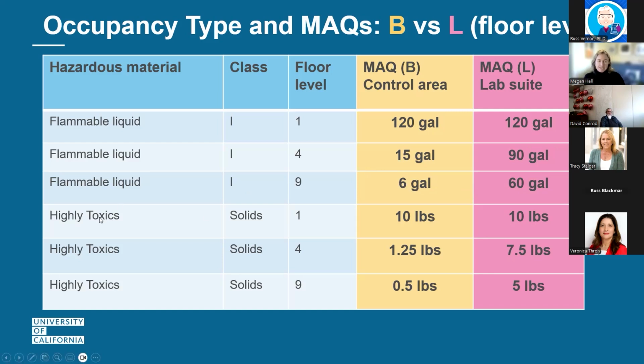This is a similar example of just highly toxic solids: on the first floor, 10 pounds in either a B or L lab suite or control area, reduced on the fourth floor to a really small amount, just over 1 pound of highly toxic solids in a control area, where you get 7.5 pounds in a lab suite, and very, very limiting on the 9th floor for something, an example which has very low MAQs in general, but it's not too restrictive if you have an L suite.